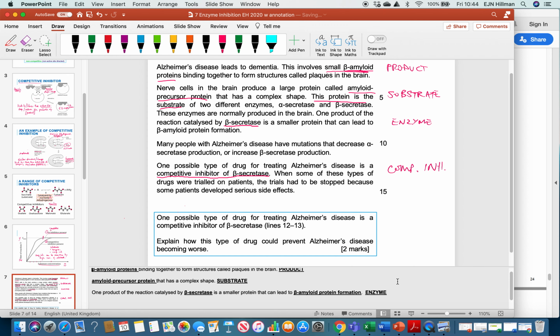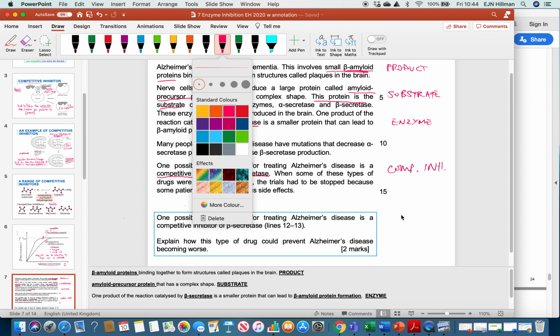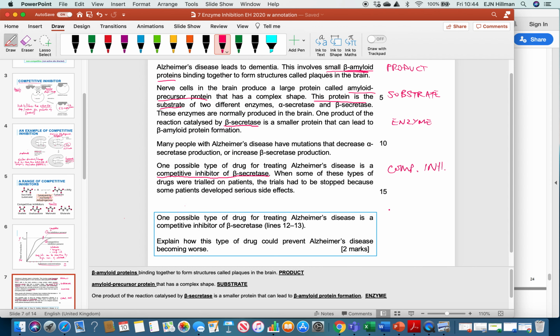Well, using that information that we came up with earlier on, we can assume that the drug must have a similar shape and charge. Having that similar shape and charge is what makes them competitive inhibitors.